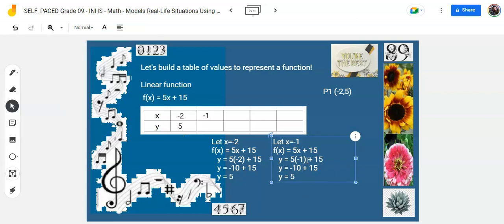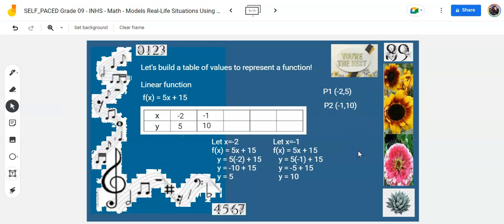Okay? 5 times negative 1 is negative 5. And then negative 5 positive 15 is 10. So, ang pares kay sa negative 1 kay 10. Okay? So, our second ordered pair, our second point, is negative 1, 10.